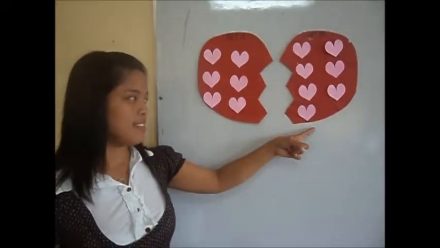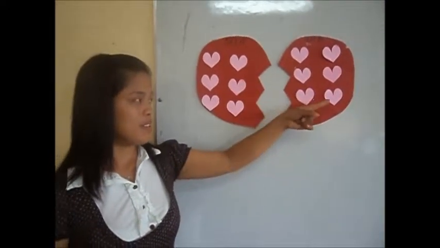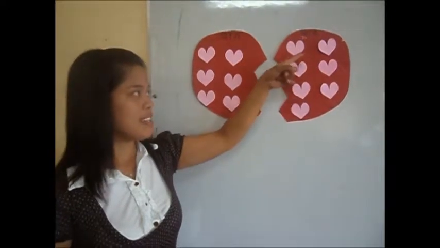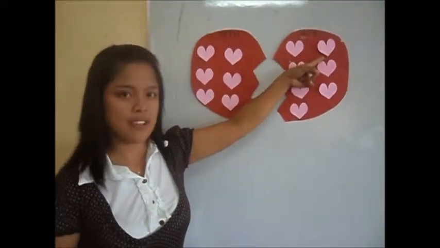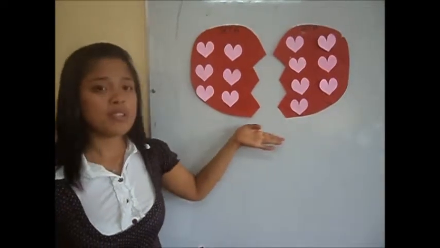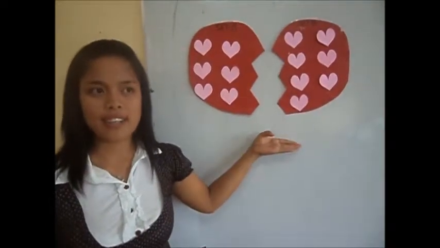How about in set B? Let's count. 1, 2, 3, 4, 5, 6, 7. There are 7 hearts in set B. We have to compare these two sets in order to fix this heart.